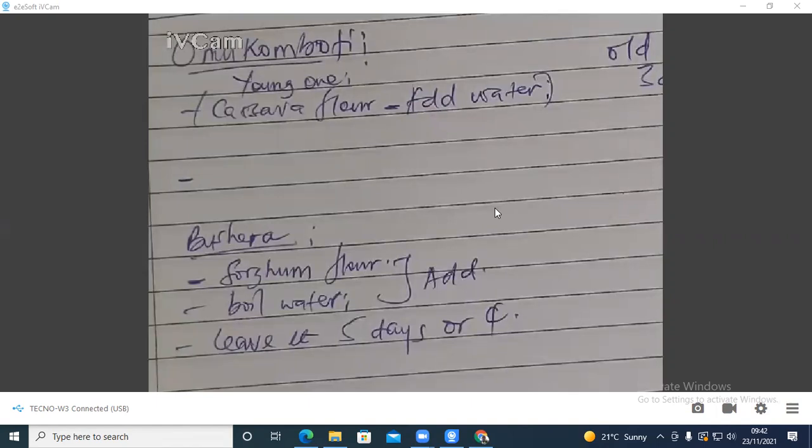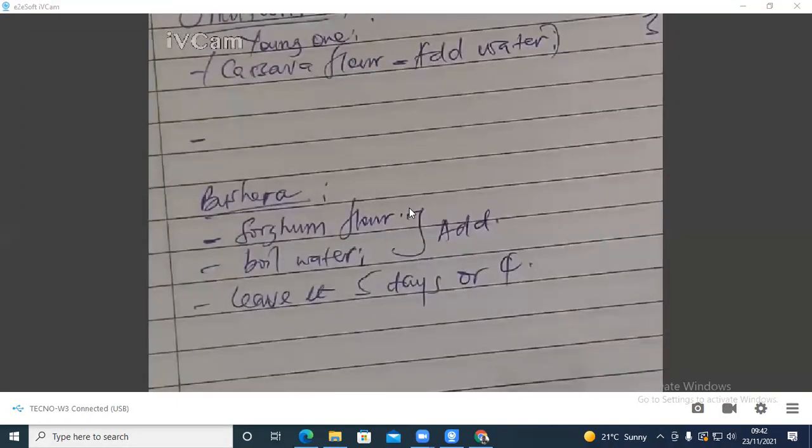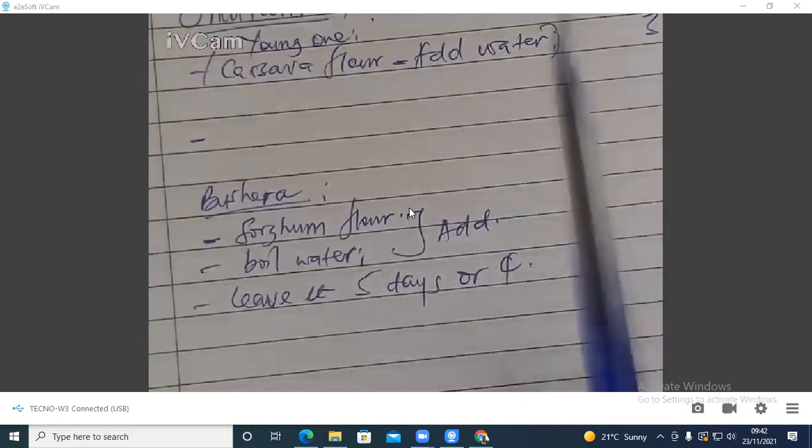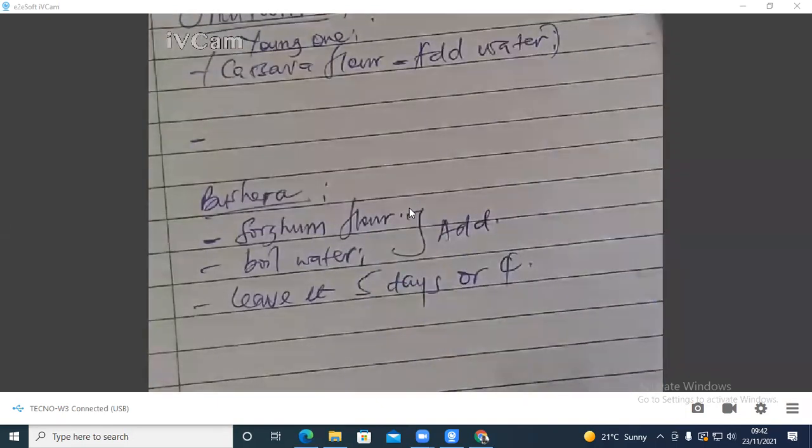You take the sour one, that's the one you take. Those are all ways of making one. So anything you keep for some days and allow to ferment goes to that alcohol stage. Okay.